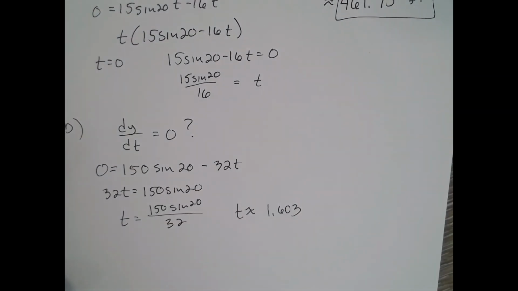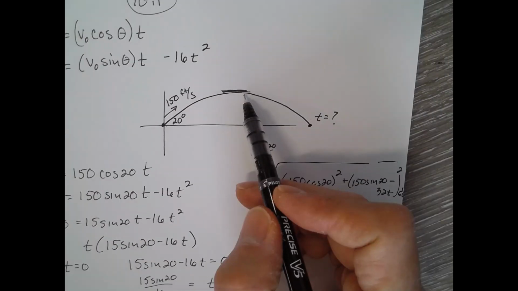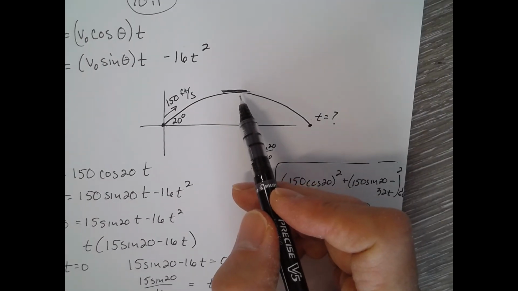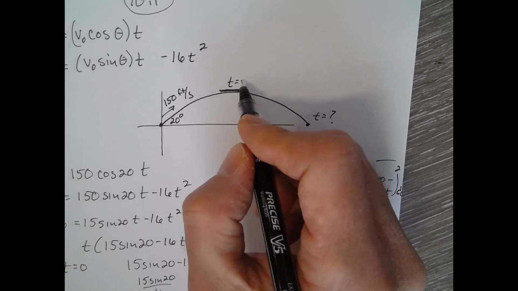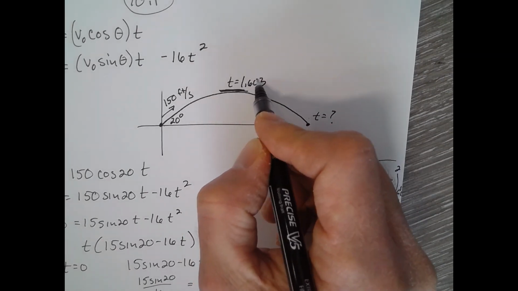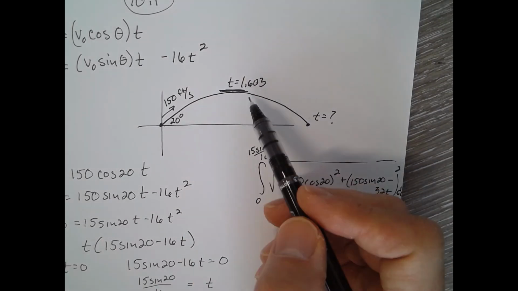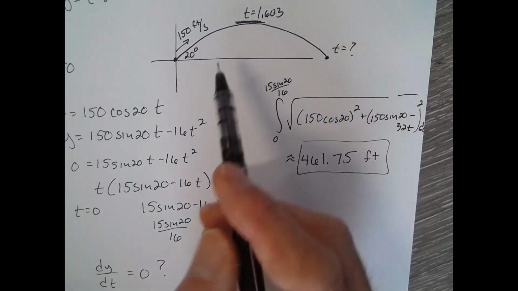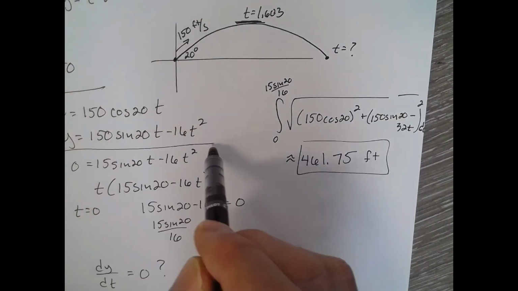Okay, we just found when it occurs. We reached the highest point after 1.603 seconds. But that did not tell us how high it went. We want to know how high it is. So we know the time, so we can just plug that into our y equation. Here are two equations right here.